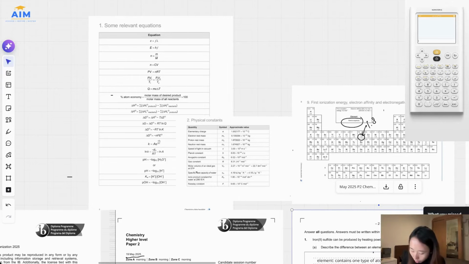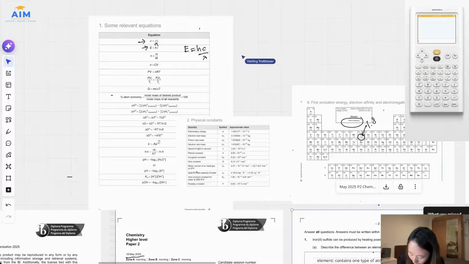We want to know the correlation between the wavelength and the energy. You can see that we have the energy here, and then we have the lambda here. So we can combine these two equations to form E equals h f. Then the f, we can substitute with c over lambda.